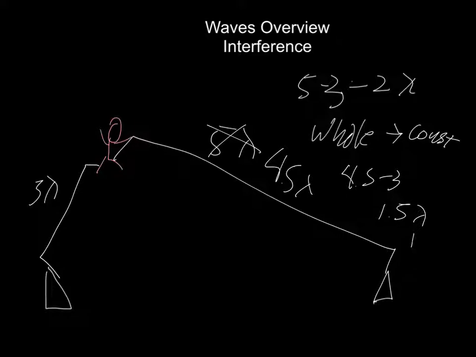And because this is a half wavelength, this is going to be destructive interference. Let me rewrite that so it's actually legible. So when we say a destructive interference, what we really mean is that somebody sitting in that spot, 3 wavelengths away from one speaker, 4.5 wavelengths away from the other one, is not going to hear any sound.